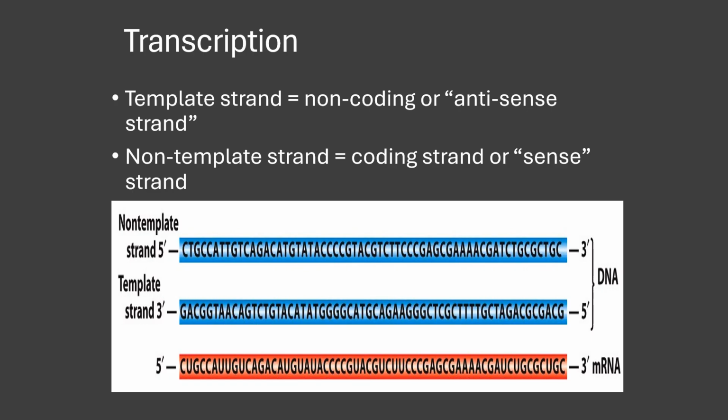you are presented with just a single line of A's, T's, C's, and G's from left to right. What that represents would be, in this figure below, the non-template strand on the very top, or sometimes called the coding strand or the sense strand.